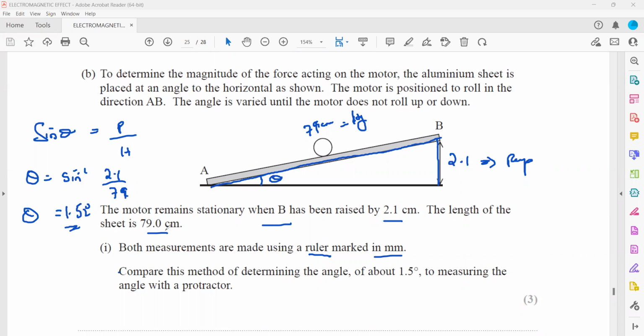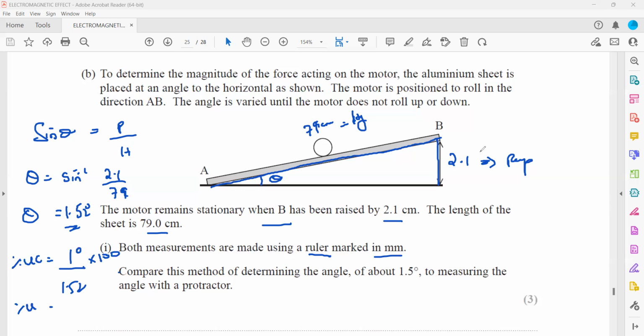Compare this method of determining the angle of about 1.5 to measuring the angle with the protractor. If we measure the angle with a protractor, it will have very high uncertainty, because the percentage uncertainty is the smallest value of the protractor, 1 degree, divided by the value recorded, times 100.